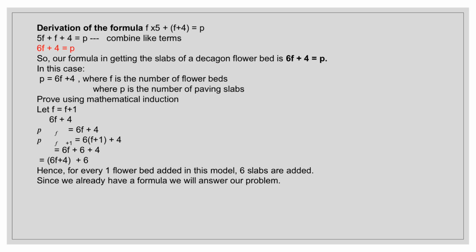So, yung makukuha natin is 6F plus 6 plus 4. So, 6F plus 4 plus 6. So, yung 6 na yun, for every 1 flower bed added in this model, 6 slabs are added. So, napakita natin kung ilan yung i-add natin bawat.